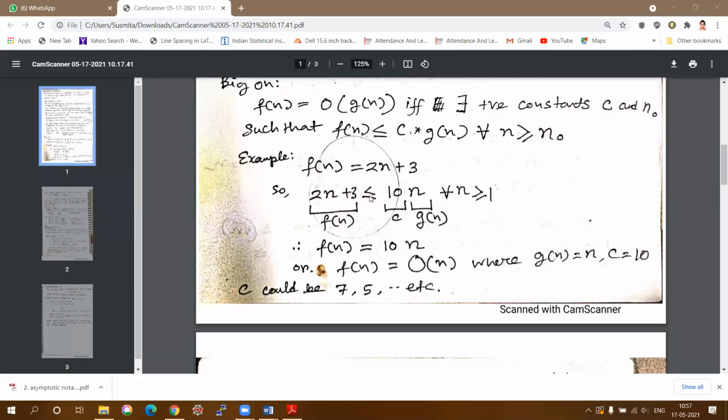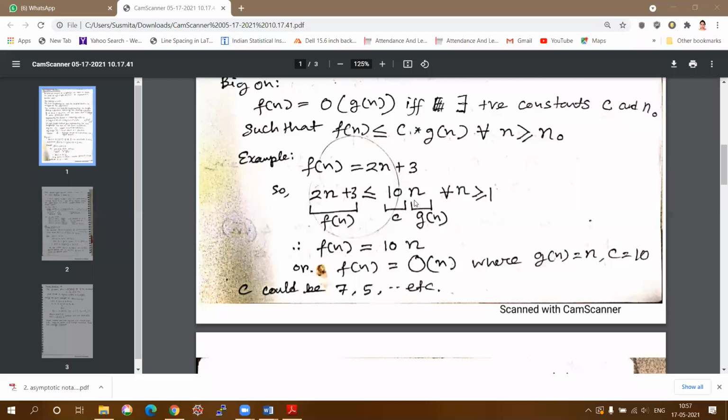So 5 is definitely less than 10. If I take n equals 2, 2 into 2 is 4, 4 plus 3 is 7, and 10 into 2 is 20. So 7 is less than or equal to 20.